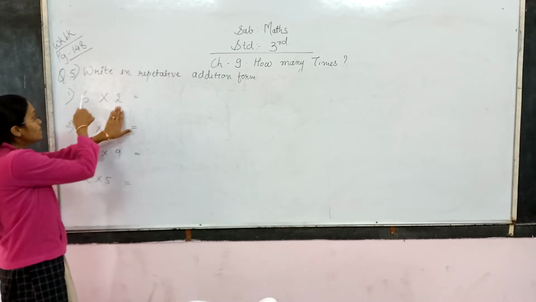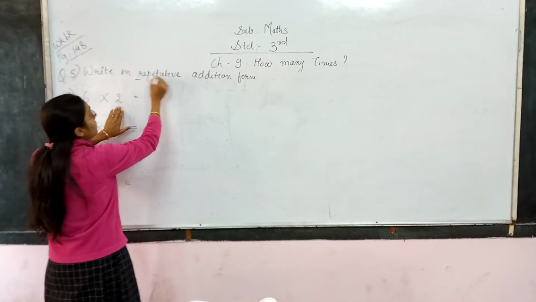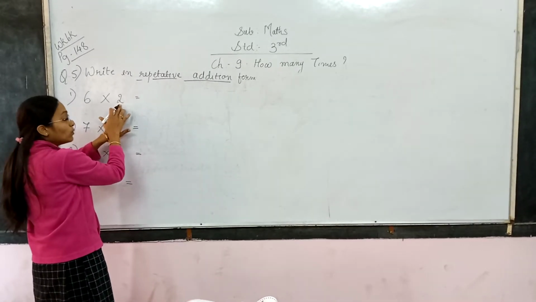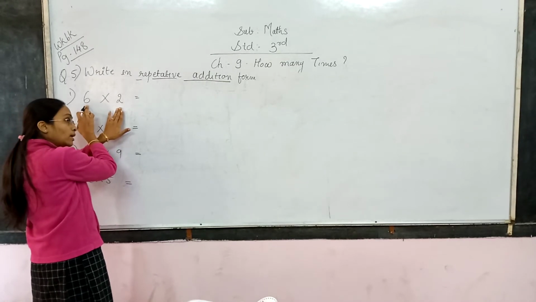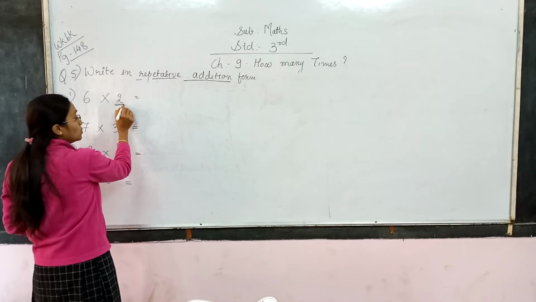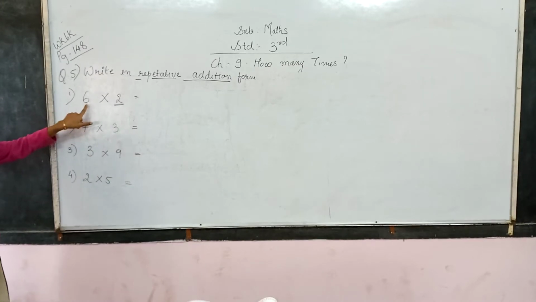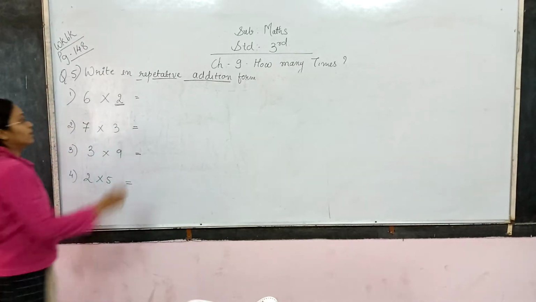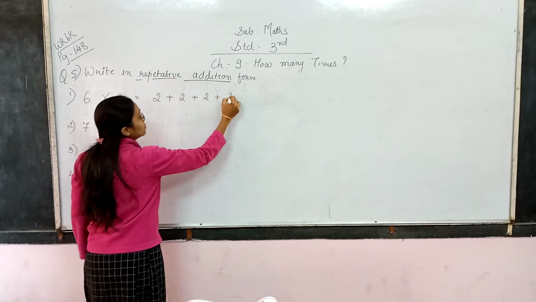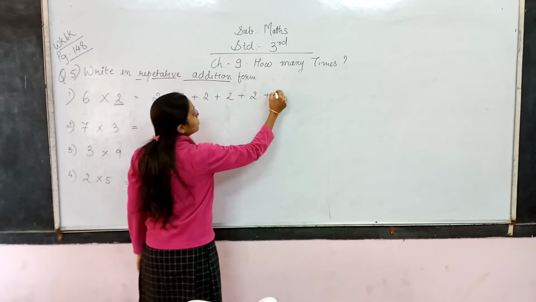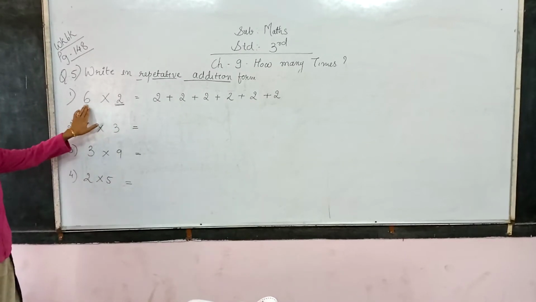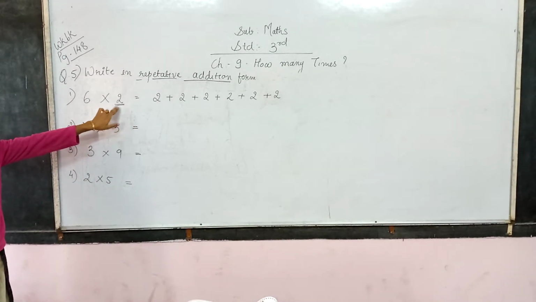How many times? ये जो नंबर 2 है वो कितनी बार रिपीट करना है हमें, कितने टाइम ऐड करना है, 6 टाइम्स। कितने टाइम, 6 टाइम्स। विच नंबर, 2। ये जो सेकेंड नंबर है उसको हमें 6 टाइम्स ऐड करना है। सो 2 प्लस 2 प्लस 2 प्लस 2 plus 2 plus 2. Now count it, 1 2 3 4 5 6. Done. 6 times repetitive addition of 2.